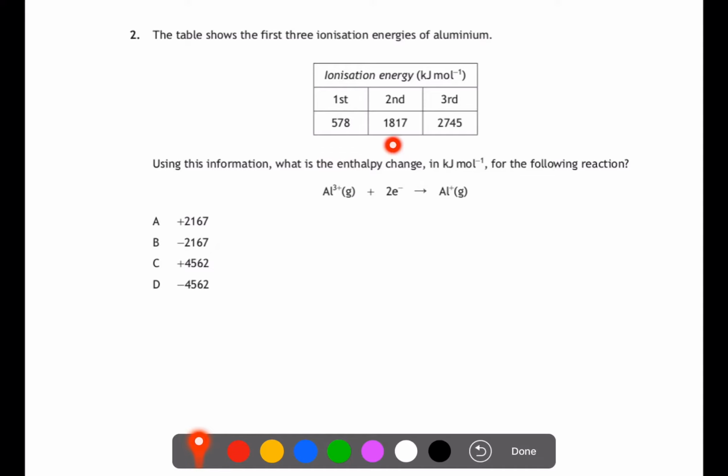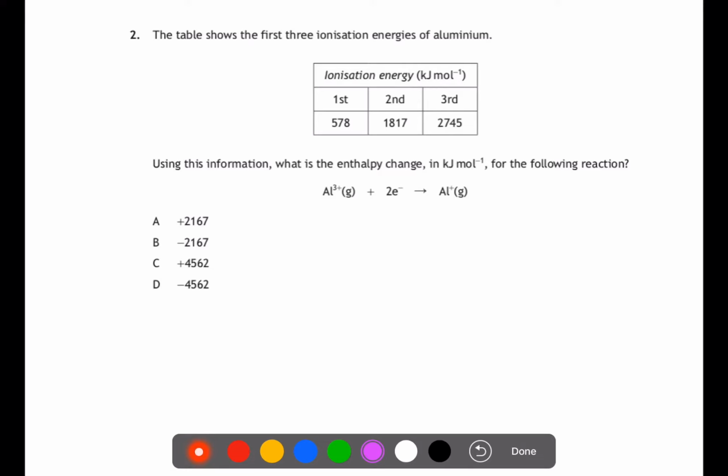The second ionization energy is the energy required to remove 1 mole of electrons from 1 mole of aluminium plus ions, and the third ionization energy is the energy required to remove 1 mole of electrons from aluminium 2 plus ions. All of these values are positive for removing electrons.